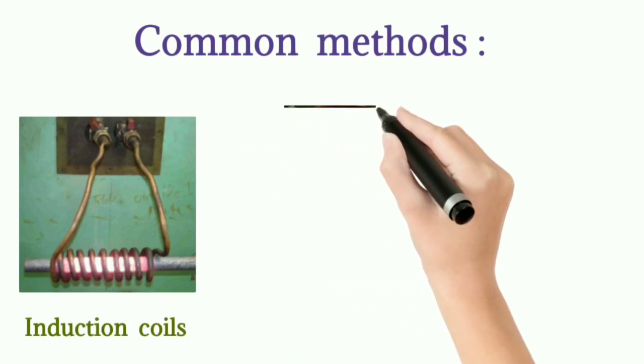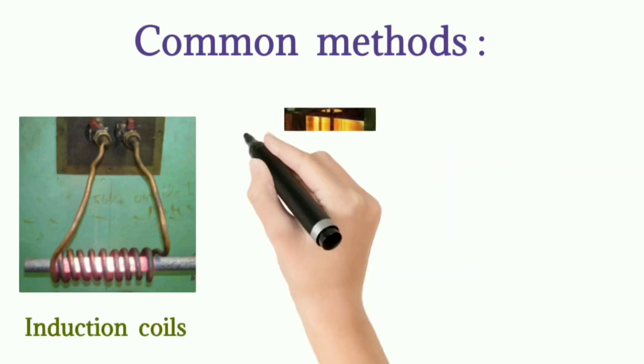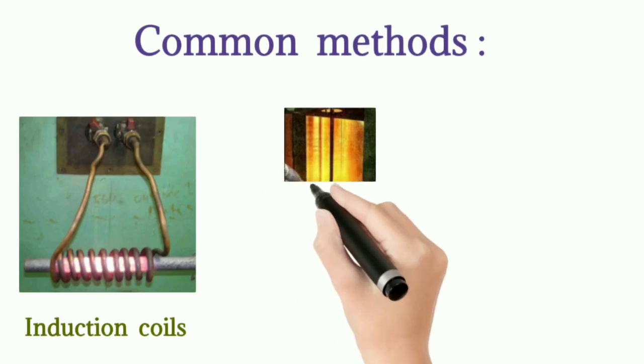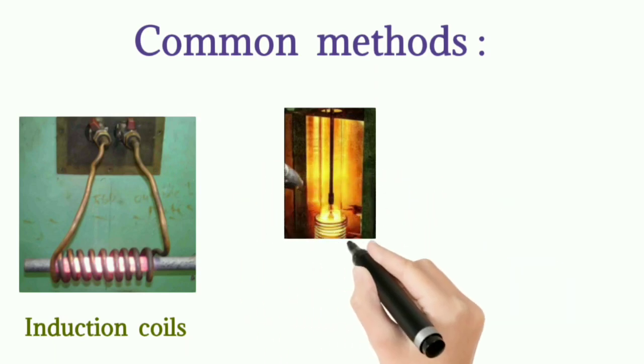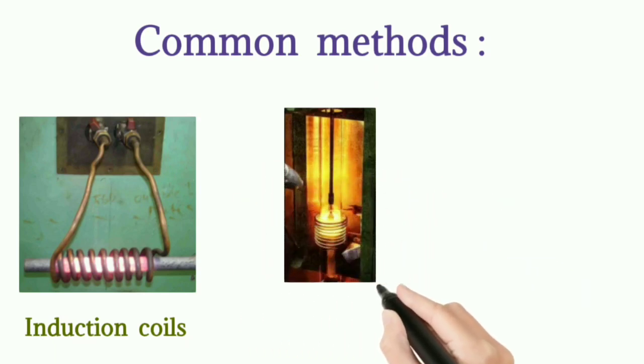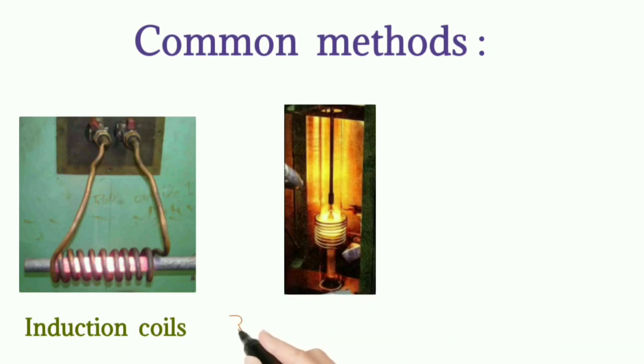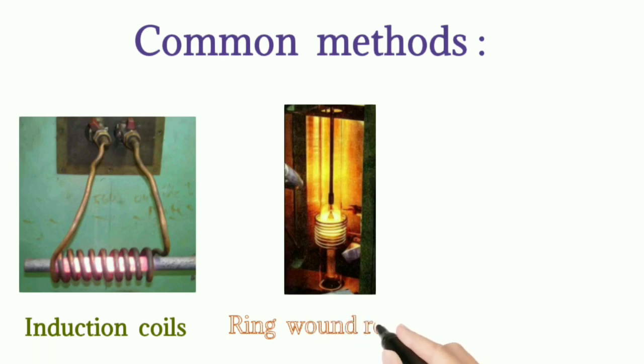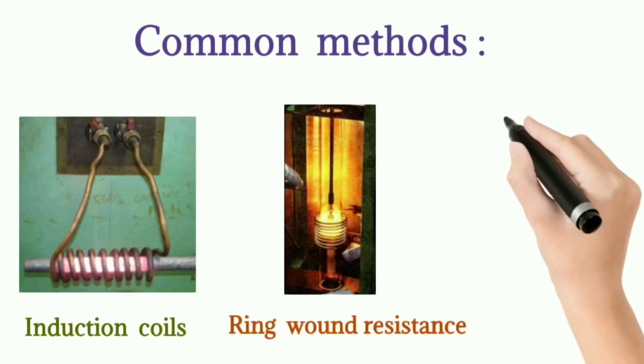The second one is another type of heater, that is ring wound resistance. Okay, what's its name? Ring wound resistance. Students, can you understand this? Yes, ring wound resistance. The last one is a very important type of heater.